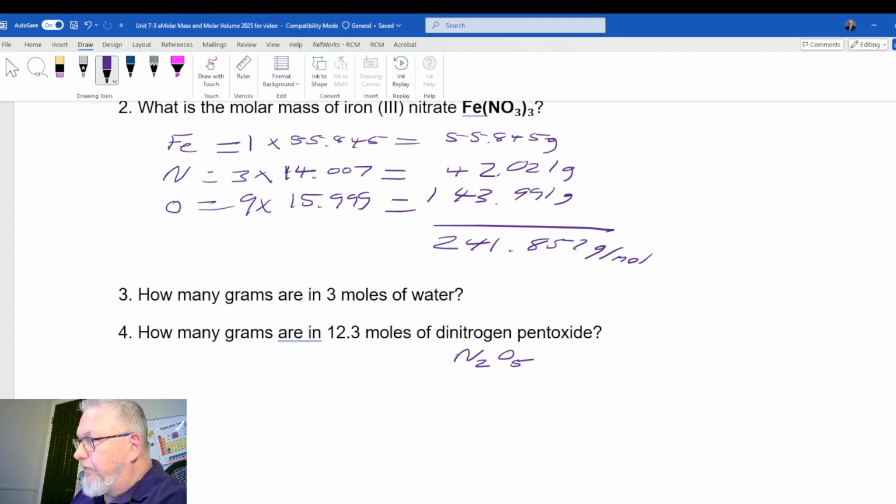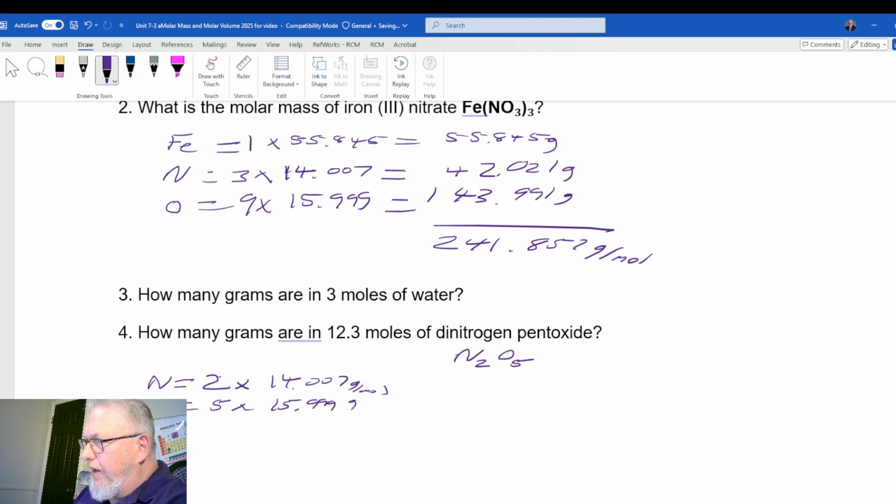For every 1 mole, I've got 2 nitrogens and 5 oxygens. Nitrogen has a mass of 14.007 grams per mole, and oxygen has a mass of 15.999 grams per mole.